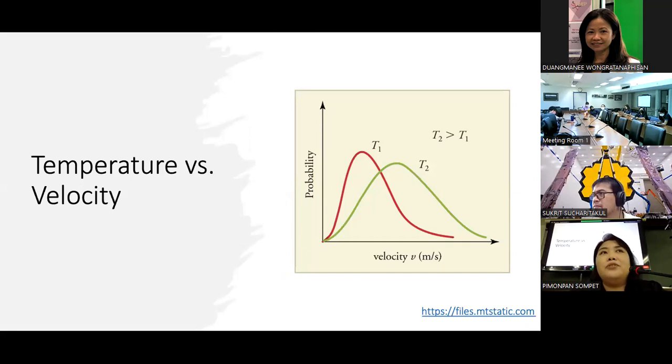For the green line at temperature T2, which is hotter than T1, the red line, you can see that on average the velocity is higher. So if you want to go colder, you want to slow something down, which is atoms in this case. That's how we cool atoms.